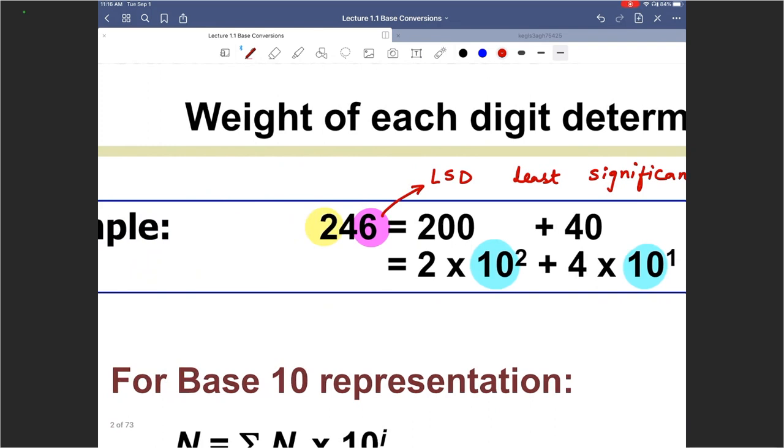Because the next number is 247, 248. So that position changes more often. And in this particular number, 2 is actually my most significant digit. So the leftmost will be most significant because it will change the slowest. It has a higher weight, 10 raised to 2.